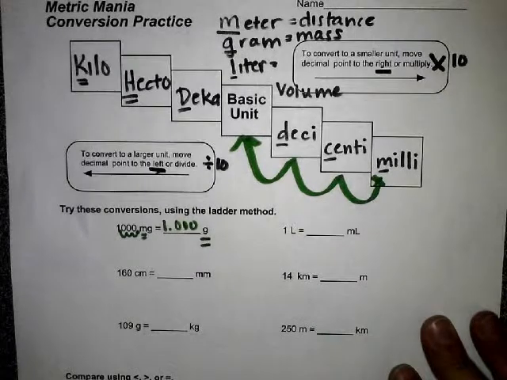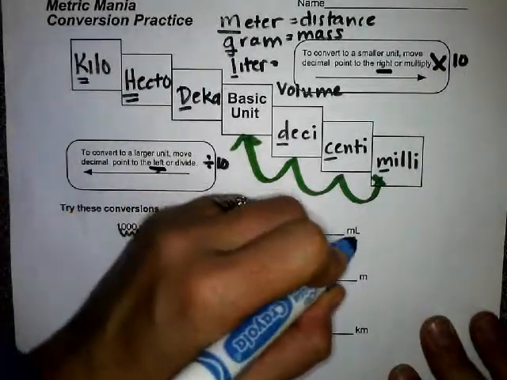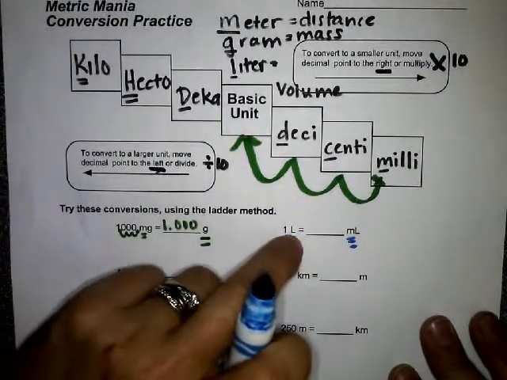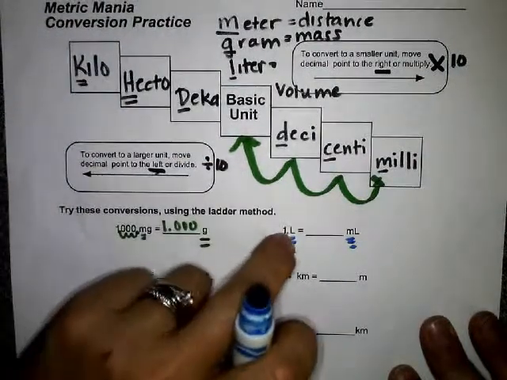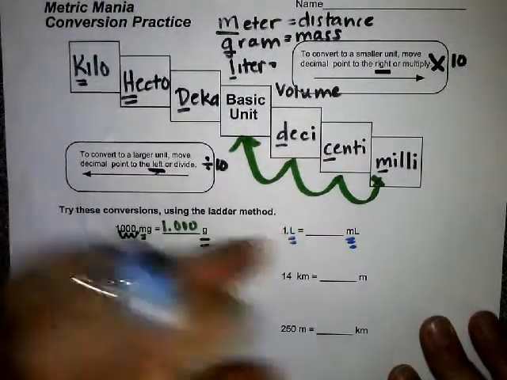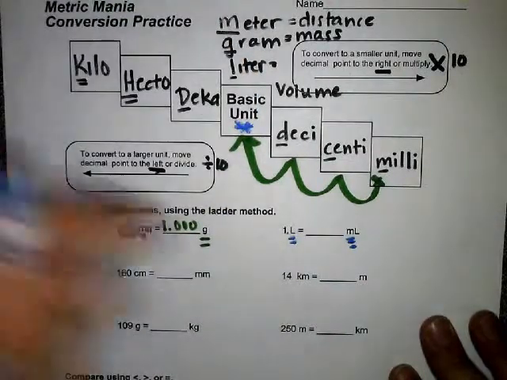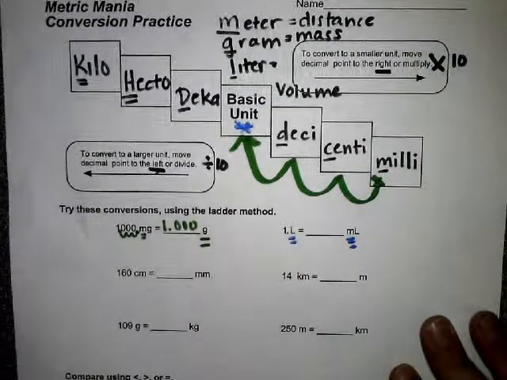The next example that I'm going to do is 1 liter to milliliters. In this case, find your starting point and add your decimal place. In this case, it's right here after the 1. We start at the base unit this time, and we're going down to milli, so it's the opposite of what we just did.